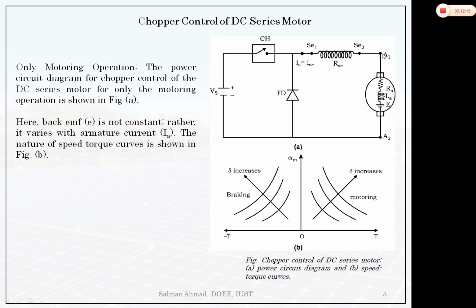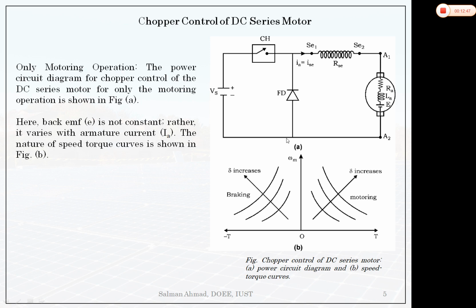We connect armature terminal A1 with series terminal S2, and another terminal is connected this side. So the armature current is equal to the series current, and that flows here. Whenever this switch is turned on, the supply is directly connected to this motor. Whenever this switch is turned off, the energy will freewheel through this freewheeling diode.